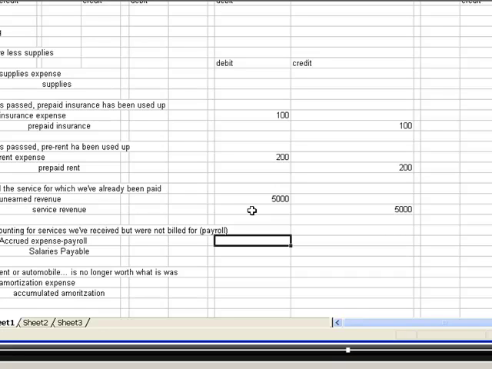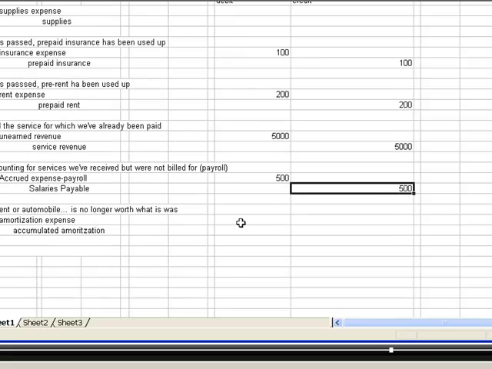So now we owe this staff member $500, and it has to go into the payables of $500. So we now owe them officially $500. There's no cash being transferred. Later, our cash is going to be credited $500, and salaries payable will be debited $500.